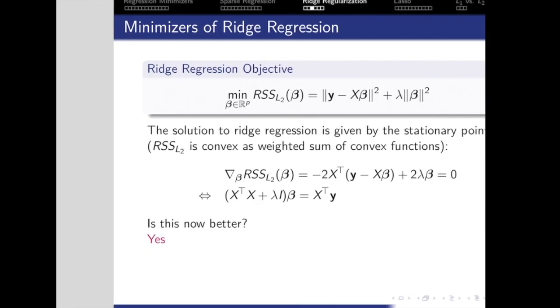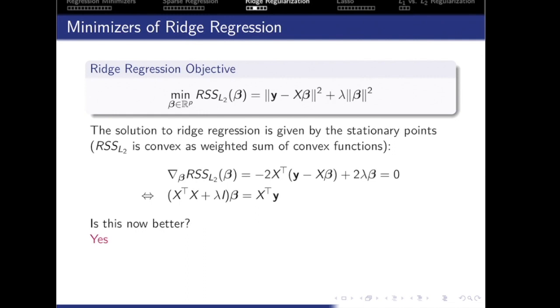Okay, so let's have a look at how we can optimize this. Our ridge regression objective is smooth and it is convex because it is a weighted sum of convex functions, and we had already in the optimization lecture that this also returns a convex function. So that means that we again only have to compute our stationary points, and this delivers then our global minimizers.